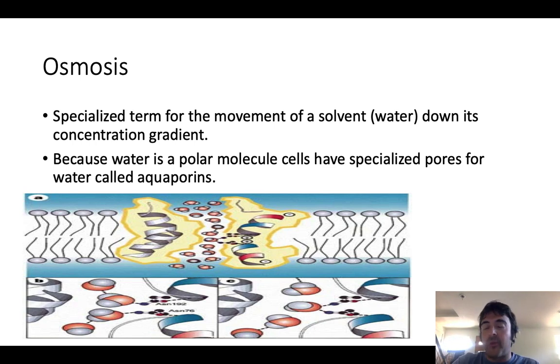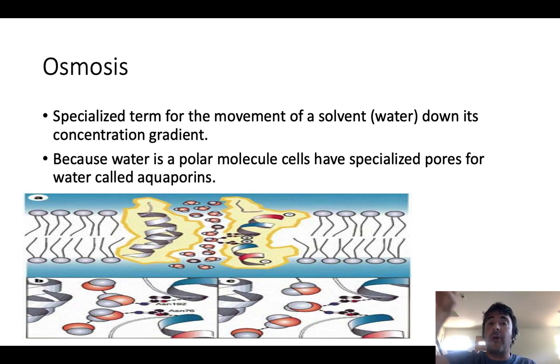The final type of transport process we're going to get into, which is another type of passive transport, is osmosis. Osmosis is a specialized term for the diffusion of water. Water, like every other particle in the universe, will move from areas of high to areas of low.